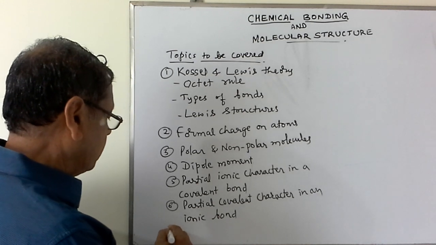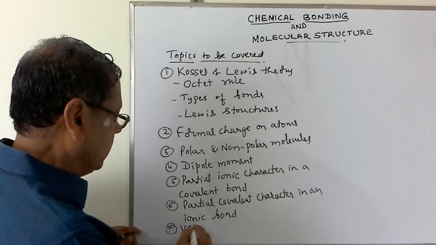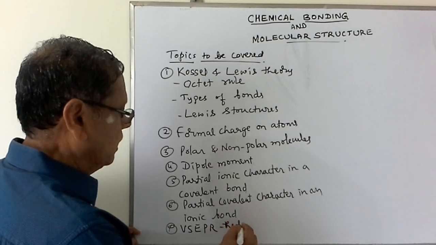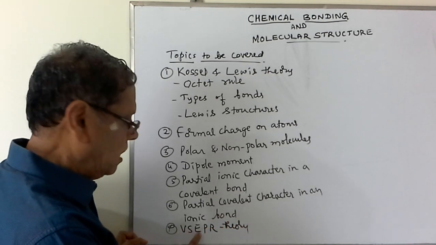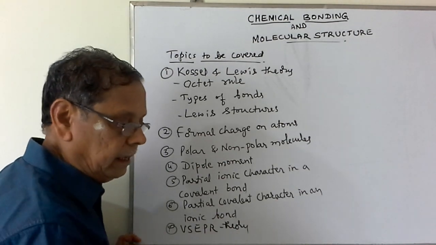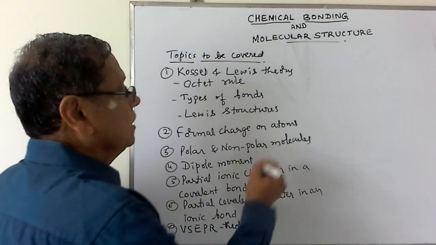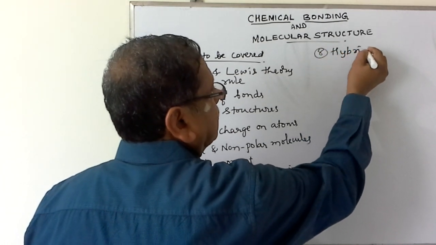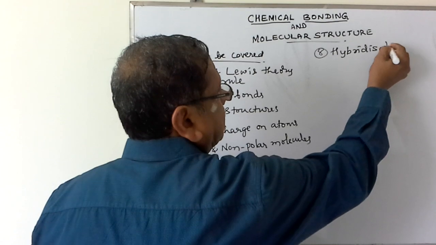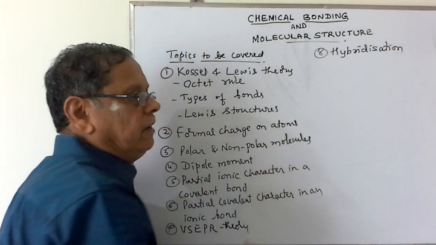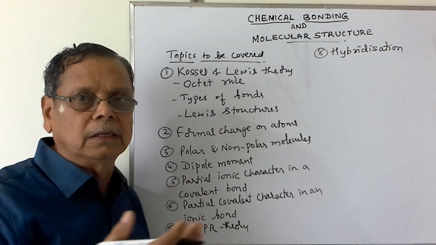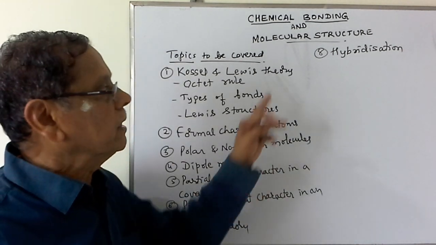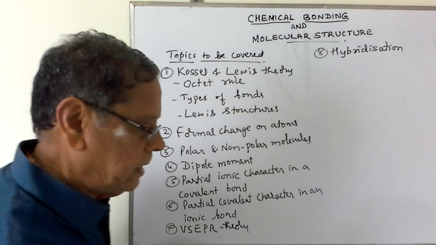Then we will consider the VSEPR theory, that is valence shell electron pair repulsion theory. Then we consider hybridization. To explain the formation of the molecule with equivalent bond length and so many other bond properties, we will consider that concept of hybridization.